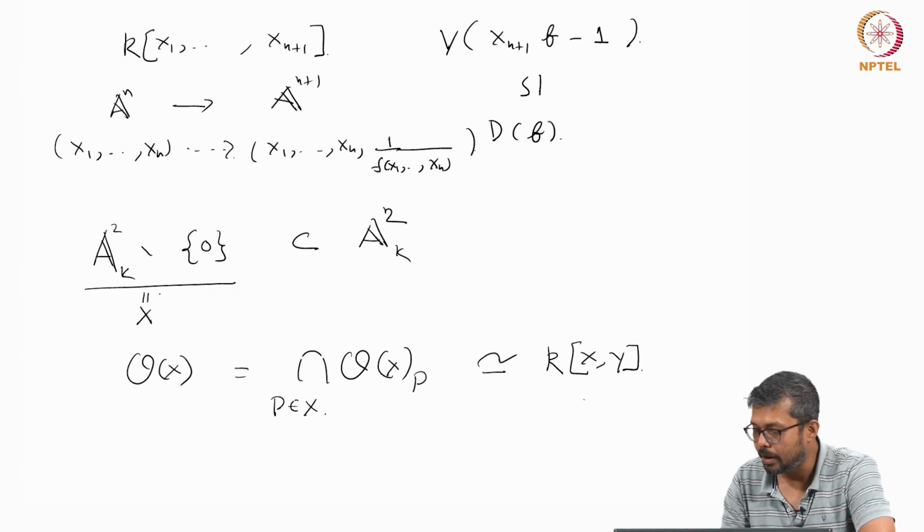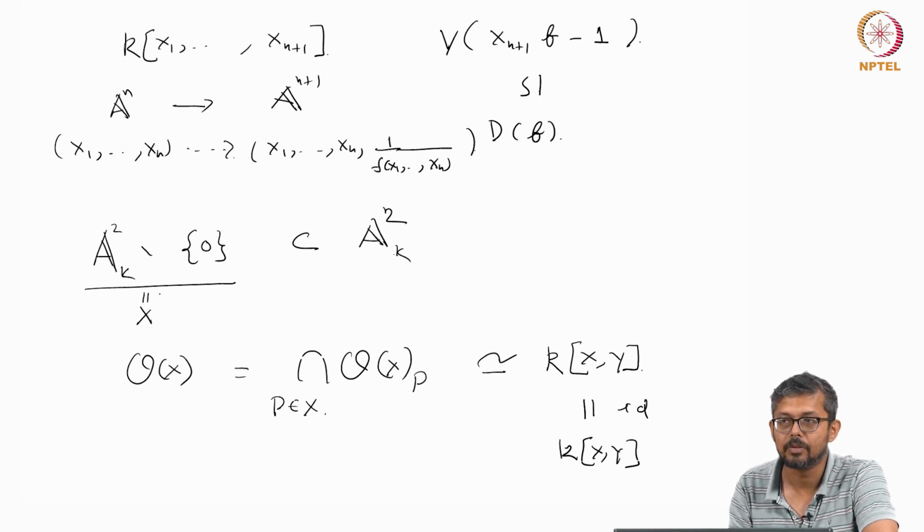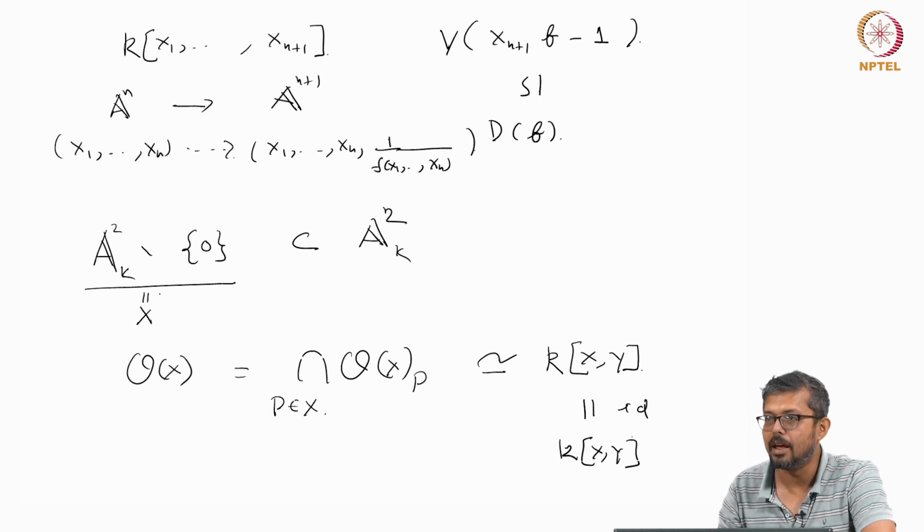So if this is k[x,y], then you have the identity map to k[x,y]. So the identity map should give you the inclusion map, right? But the inclusion map is not an isomorphism because it's not a bijection. If it is affine, then the identity map should give you the isomorphism which is induced from the inclusion map. But the inclusion map is not an isomorphism, right? So that's why it is not affine.